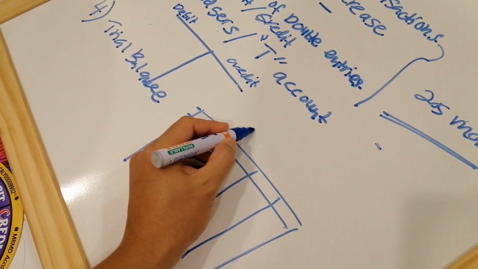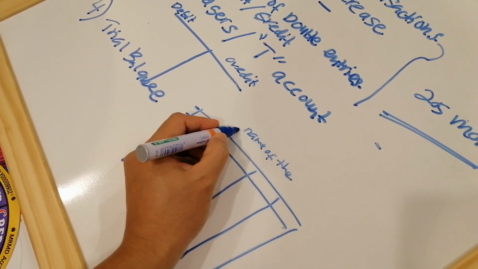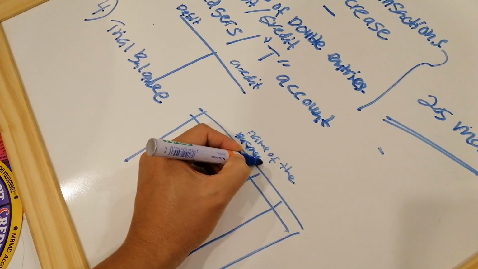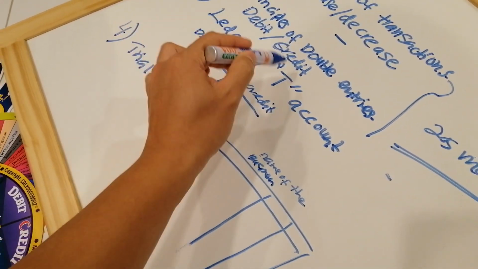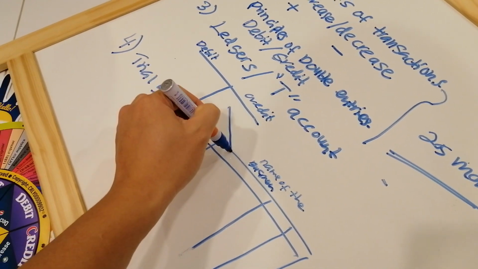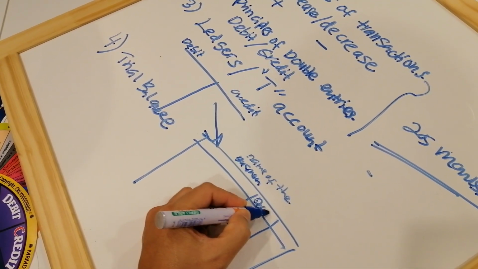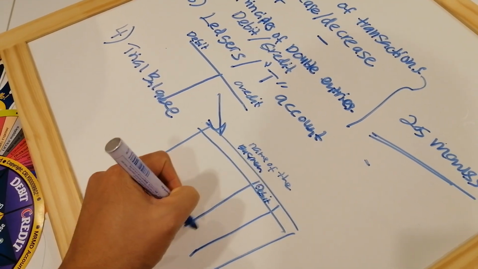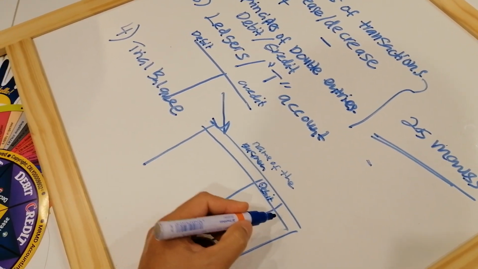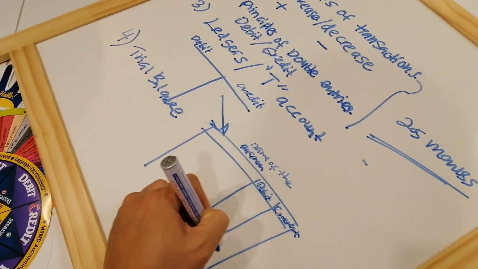We have the name of the business. Okay. We will get the items from ledgers and transfer them to the trial balance. So the first column is for items that are debit, and this one is credit.